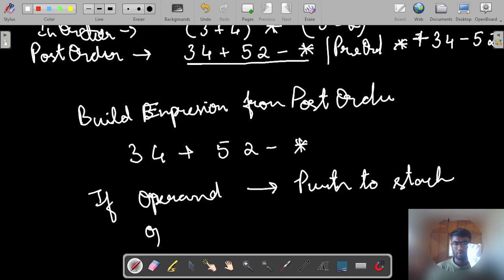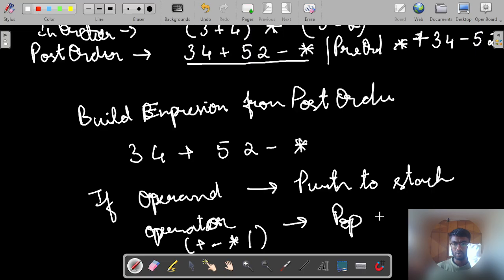if operator, like plus, minus, multiplication or division or any of these, pop two nodes from stack. So this is what it is.